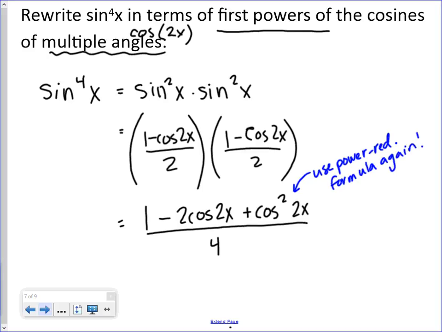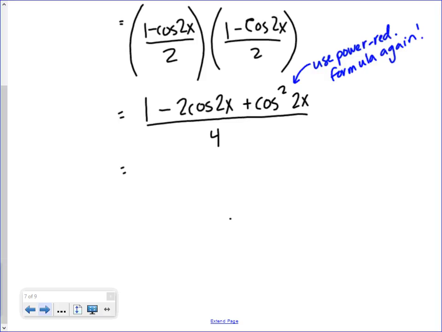Okay, so I'm going to keep my first two terms. 1 minus 2 cosine 2x plus, and then what is that power reducing formula for cosine squared 2x? Or 2u? Is cosine 2u plus 1, did you say? Over 2? Okay, so that's the formula that we're using.